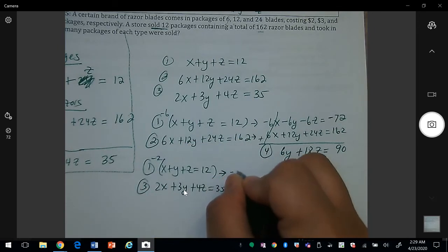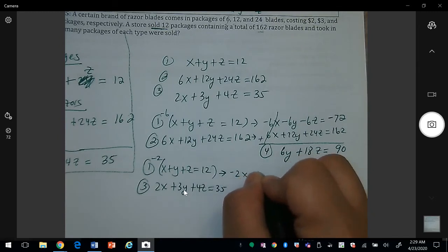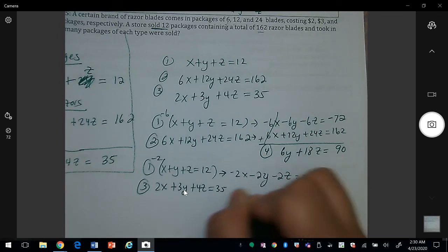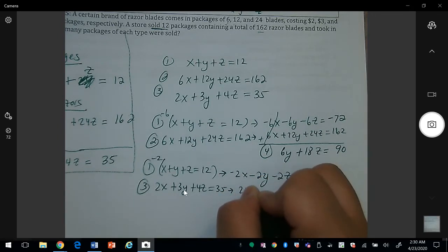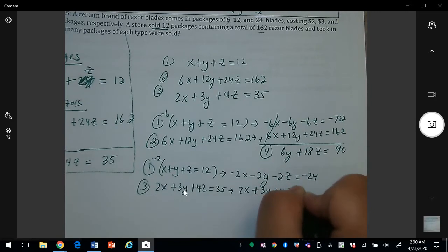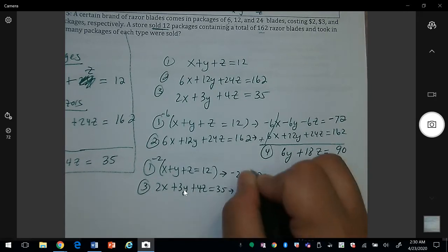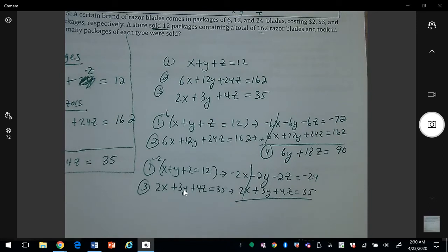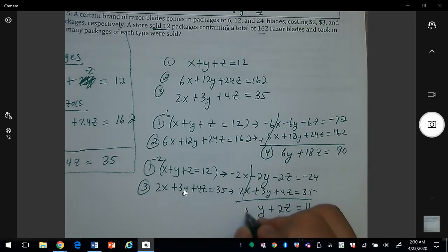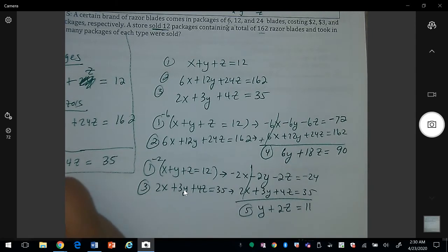So I'm going to multiply the whole equation by -2. And the third equation will just remain the same. So the x's will become 0. -2y plus 3y is y, plus 2z is equal to 11. So that's equation 5.